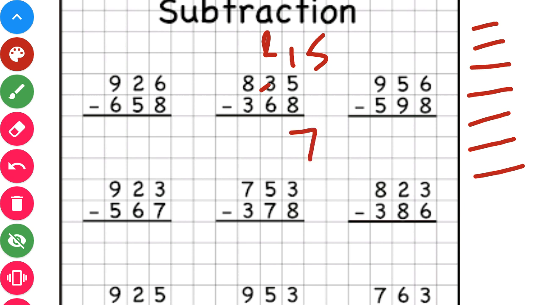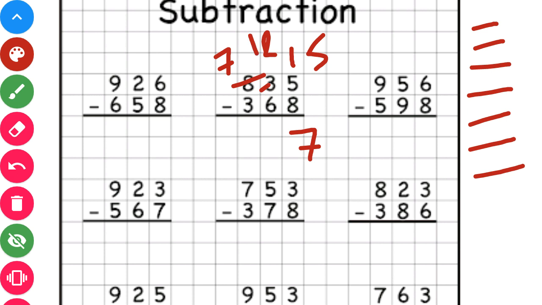We have got 7. Now at the tens place we have 2 and we have to subtract 6 from it. So we cannot do that. We cannot subtract 6 from 2. So this 2 will take a borrow from 8 and 8 will become 7 and this 2 will become 12.